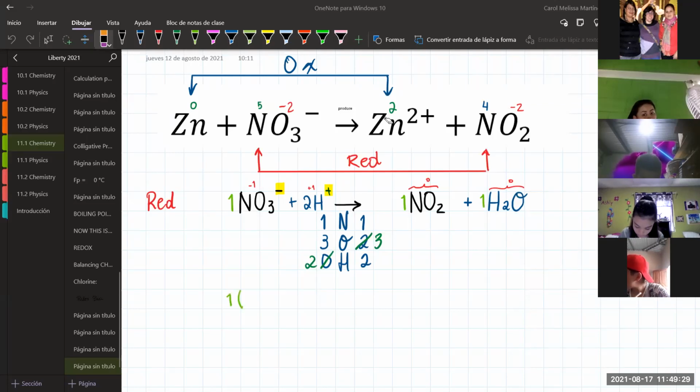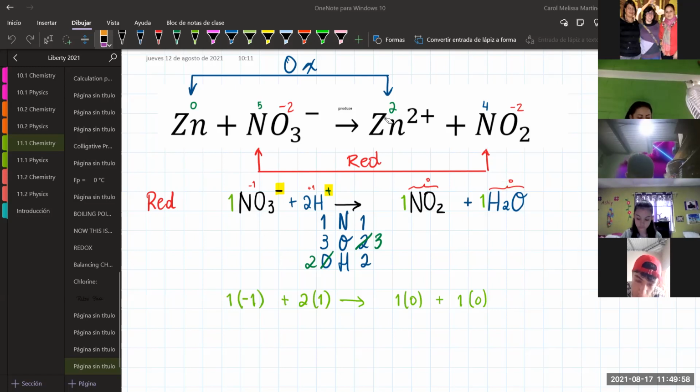Invisible 1 times negative 1 from here, okay? Plus 2 times positive 1 is producing invisible 1 times 0, this 0 from here, plus invisible 1 times 0, the other 0 from water.